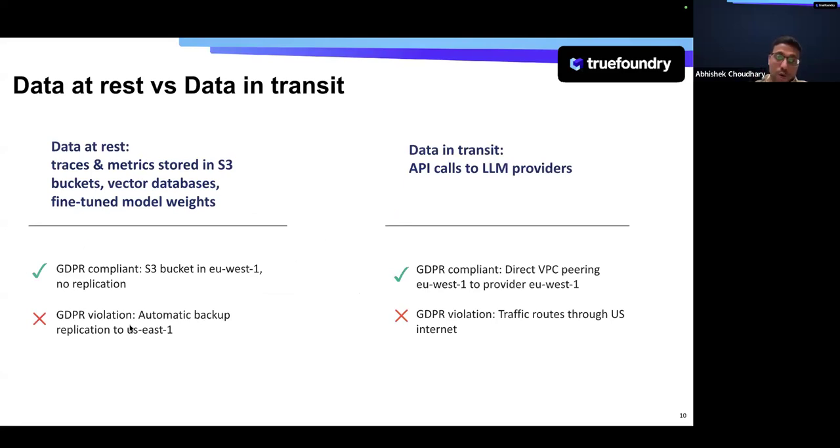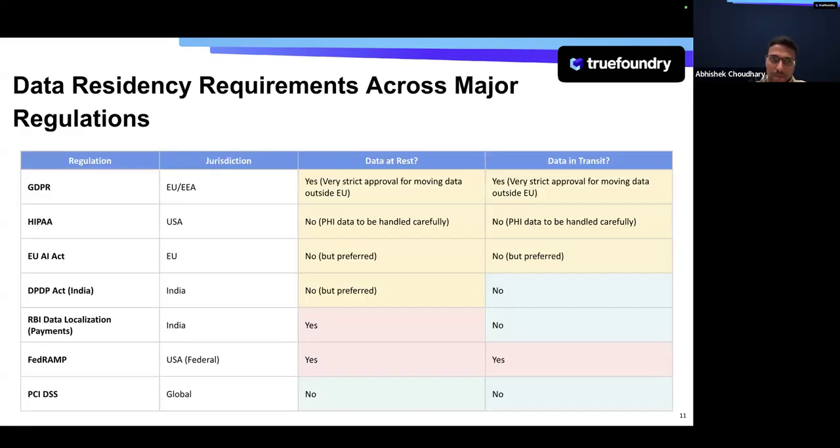You also have to be mindful if you are saving another copy of the data, let's say for fault tolerance or disaster recovery, the other region where you're replicating the data also has to be compliant with your GDPR or any other compliance requirement that you have to abide by. So that's roughly what data at rest and data in transit mean.